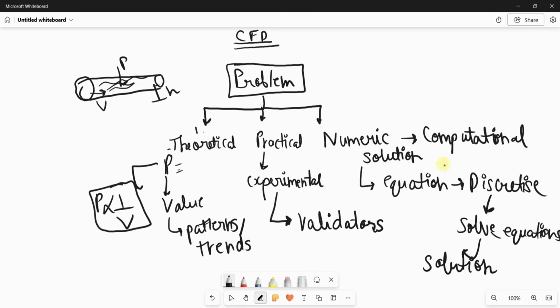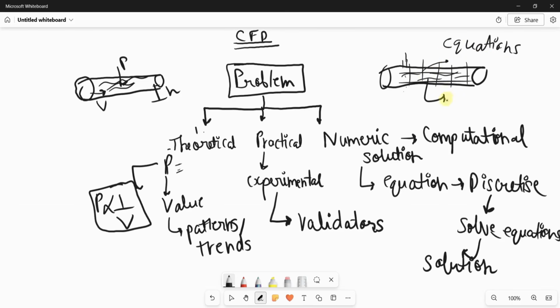Suppose for this same example, let me draw it here. I have a pipe with water in it. If I want to find pressure along it, in numerical methods you first divide it into smaller components. We'll look at these in detail, don't worry about that. Then you apply each of the conservation equations onto this, and then you discretize the equations.